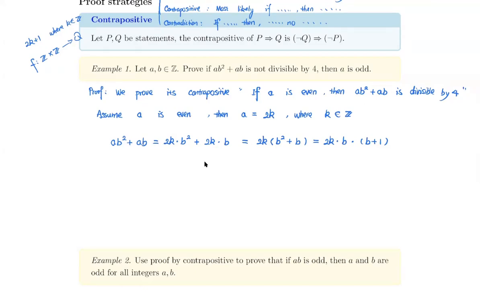Let me highlight the parts that I think people make a lot of mistakes. Here, really important, please write it down. If you introduce a variable, please define it. Since we wrote A as 2k, we can plug it back into this expression. So AB squared plus AB equals 2k times b squared plus 2k times b. That gives you 2k times b plus 1. Any questions so far?